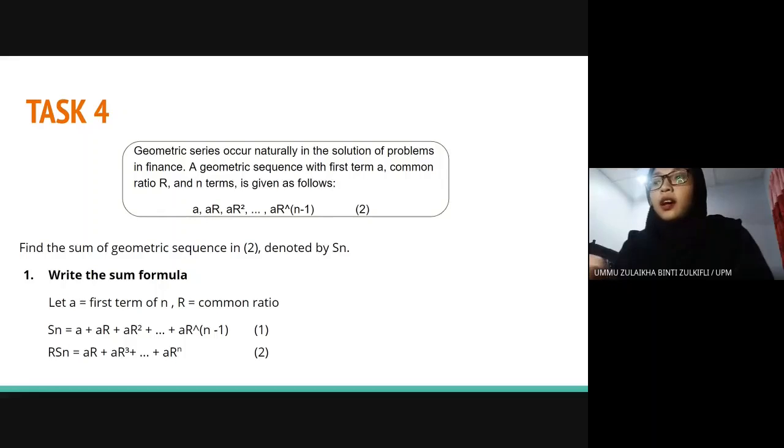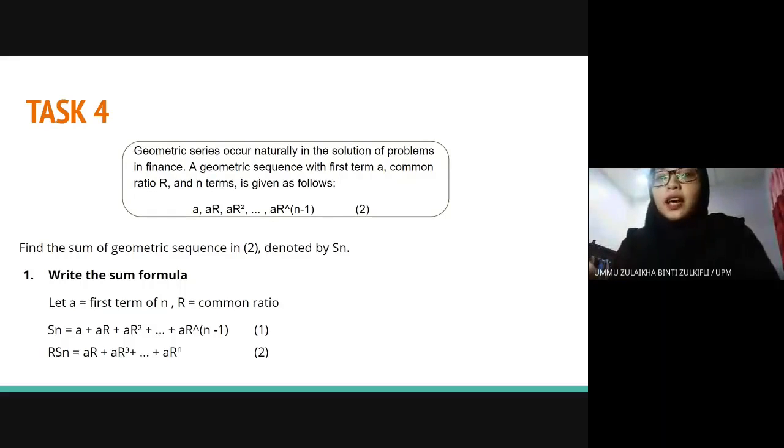We get the sum formula Sn equal to A plus AR plus AR squared, and so on, until AR to the power of n minus 1. That is our first equation. To find the second equation, we multiply the first equation by R. So we get RSn equal to AR plus AR squared, AR cubed, and so on, until AR to the power of n.